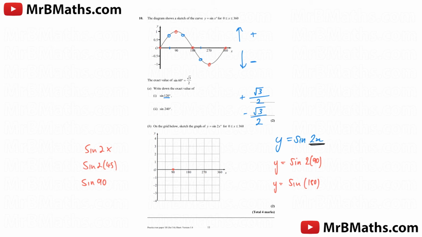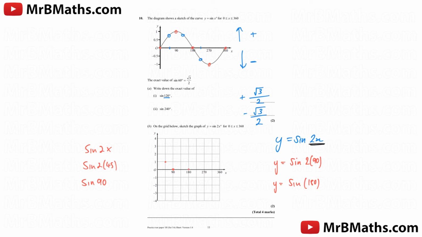So the sine of 90 is 1. That means that sine 45 would be at 1 too. And I do this throughout the entire graph. So sine of 180 is 0. That means that I get my value for 360, which is at 0.